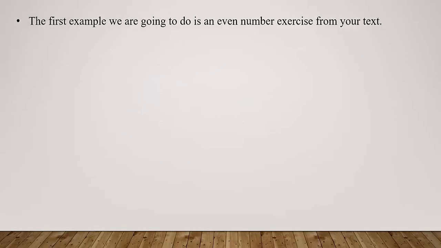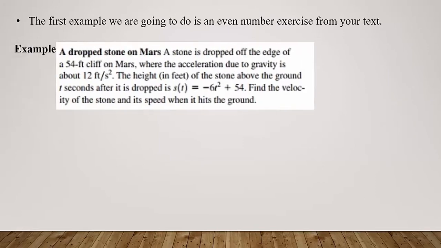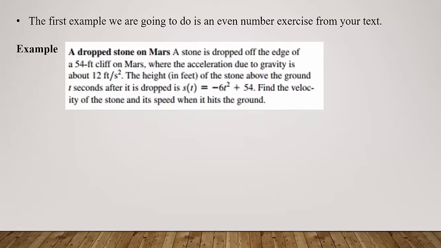So the first example we're going to do, this is actually an even-numbered exercise from your text. Here it is. Make sure you get this written down in your notes. A stone's dropped off the edge of a 54-foot cliff on Mars, where the acceleration due to gravity on Mars is about 12 feet per second squared.